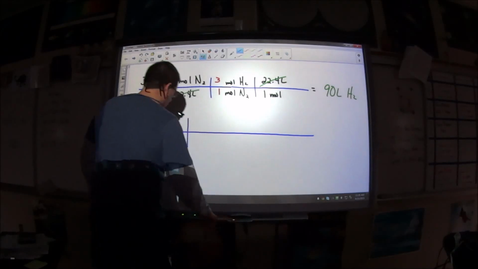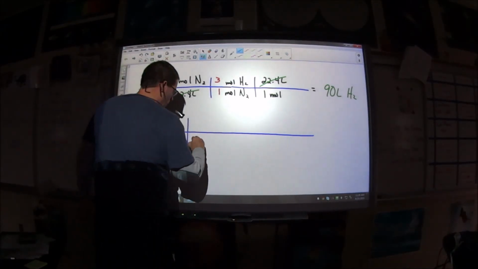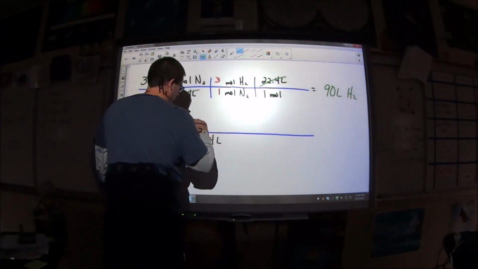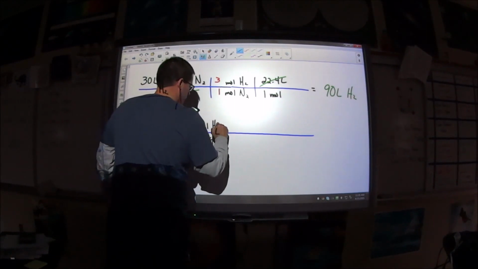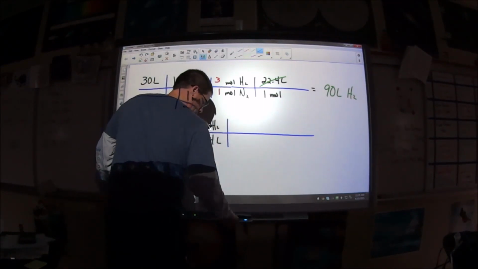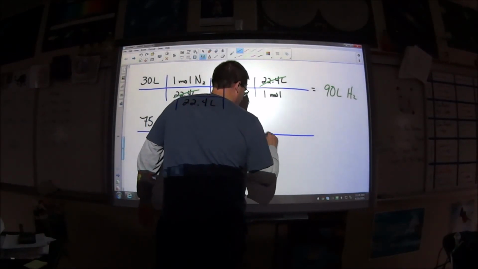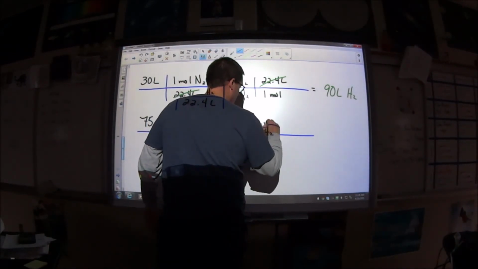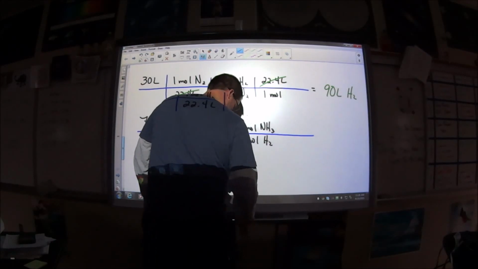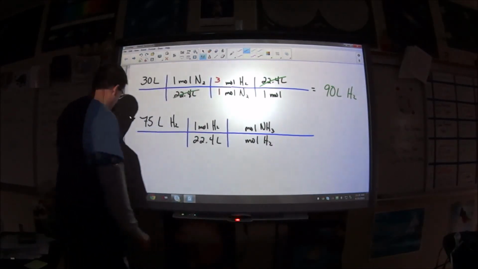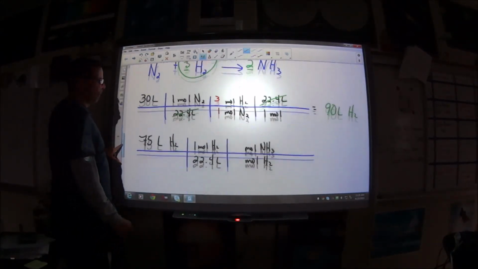Okay, so again, 22.4 liters for every mole of hydrogen. Use the mole ratio. Let's get rid of the moles of hydrogen and go to moles of ammonia this time. And so I believe it's a 2 and a 3. Yep.